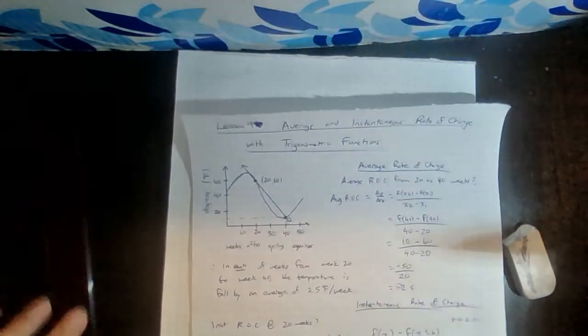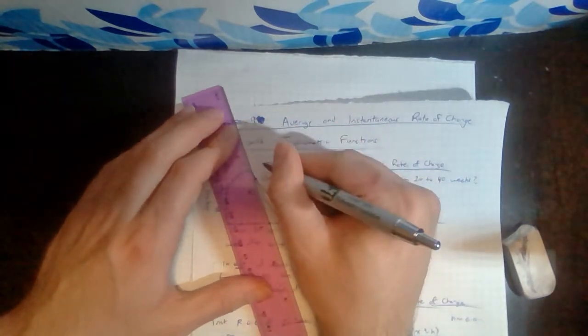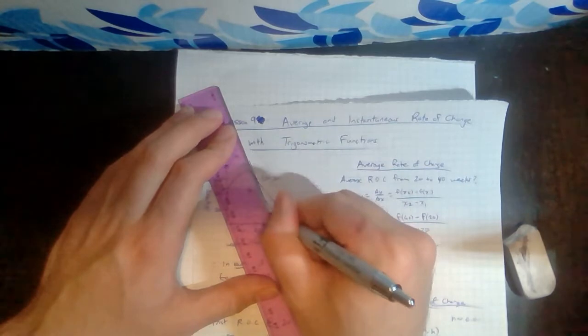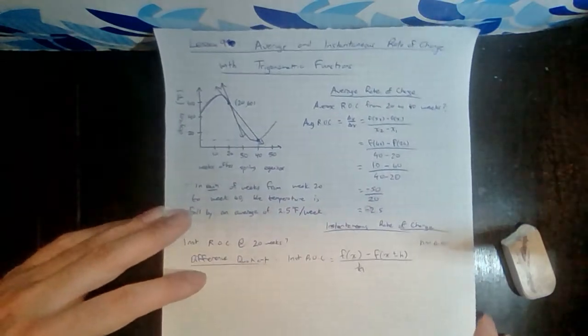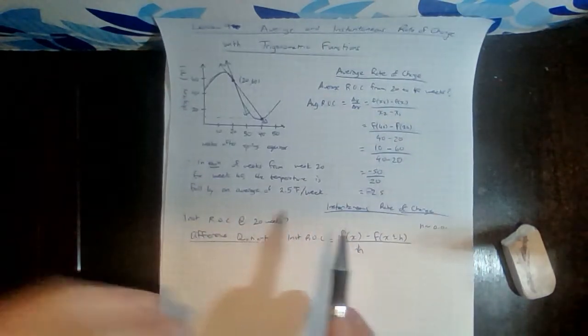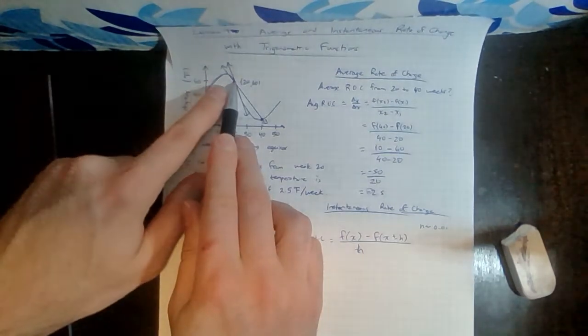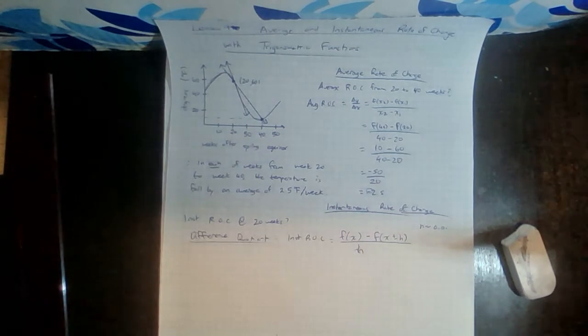So for instantaneous rate of change, we're looking on this original curve. We want to find approximately what is the slope of our function at that exact moment. So with this difference quotient, we're taking our value right at 20, we're taking a value just past on either side, and using that to estimate what the slope is at that point.